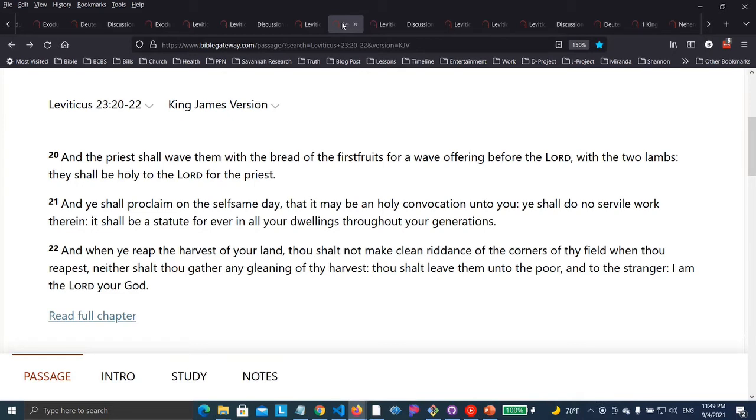And when you reap the harvest of your land, you shall not make clean riddance of the corners of your field when you reap. Neither shall you gather any gleaning of your harvest. You shall leave them to the poor and to the stranger. I am the Lord your God. So I want you to notice here another holy convocation, another Sabbath, another high Sabbath, and it's about the first fruits.